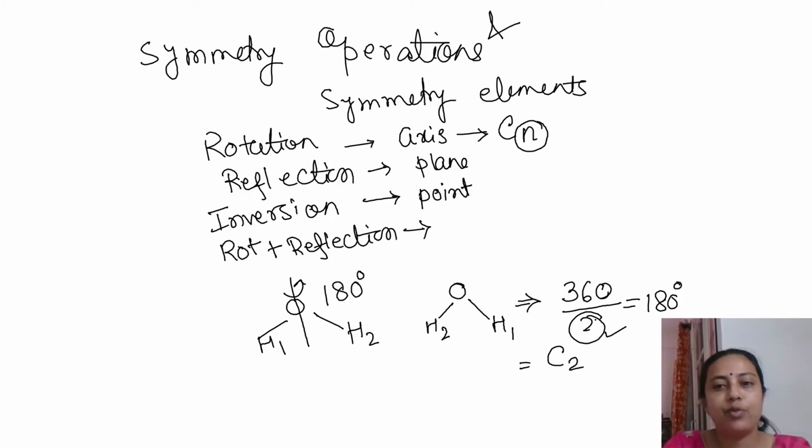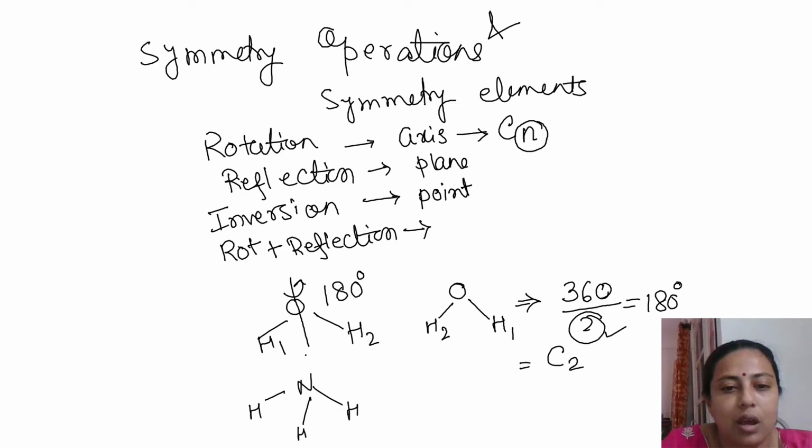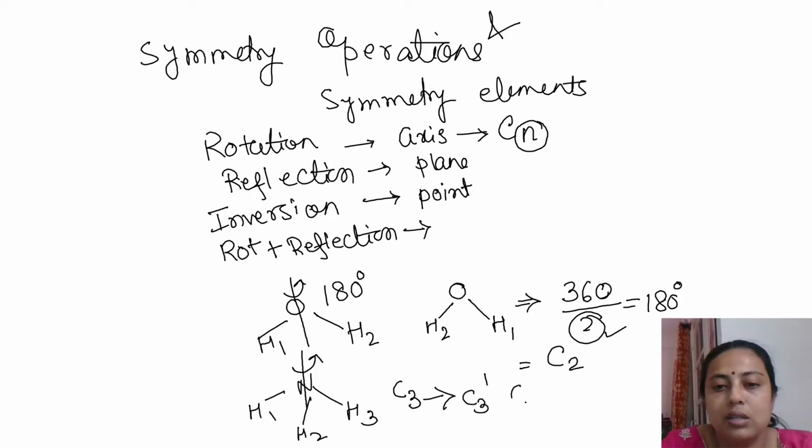Similarly, ammonia contains a C3 axis through the nitrogen, where we can rotate the whole molecule by 120 degrees to give a similar structure. There can be C31, C32, C33.